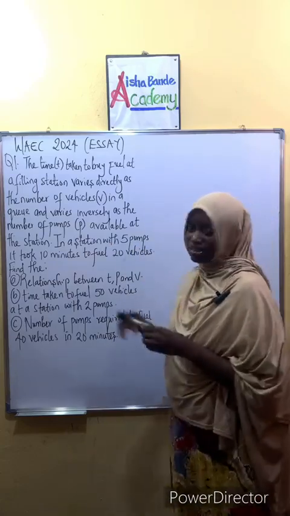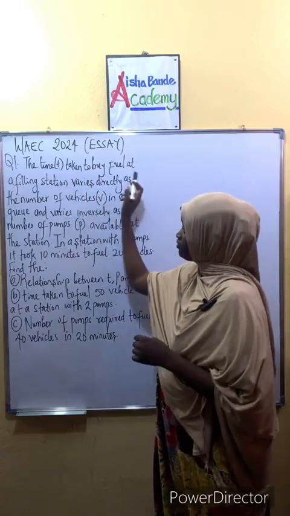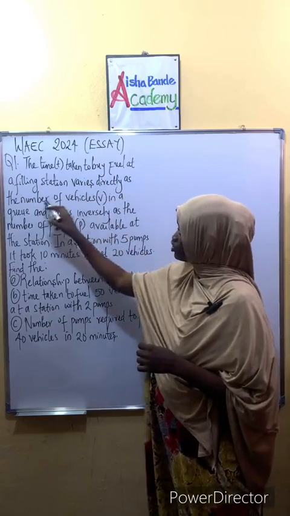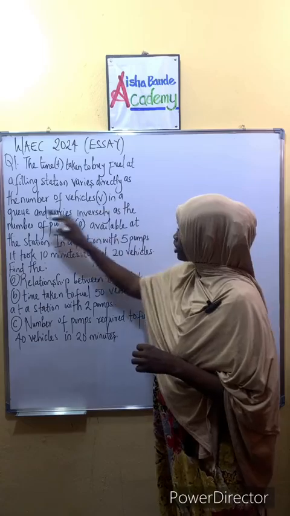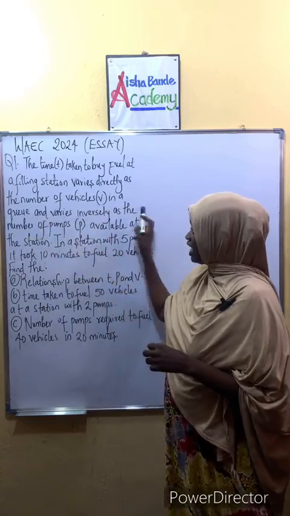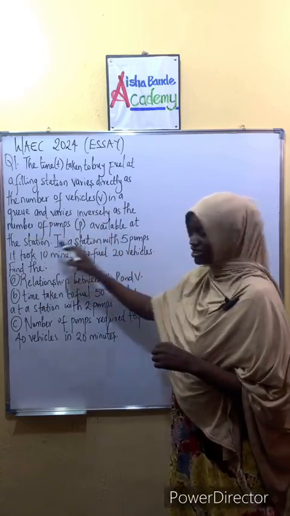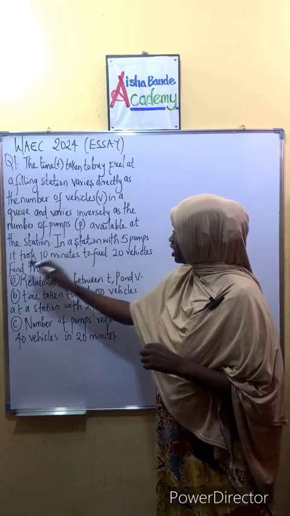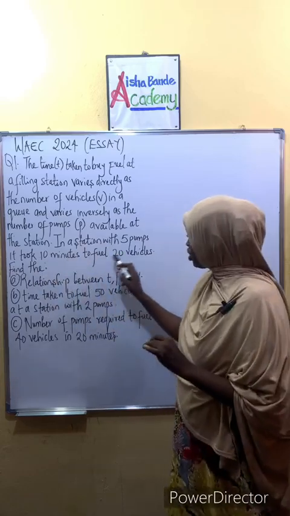Question 1 says, the time T taken to buy fuel at a filling station varies directly as the number of vehicles in a queue and varies inversely as the number of pumps available at the station. In a station with 5 pumps, it took 10 minutes to fuel 20 vehicles.